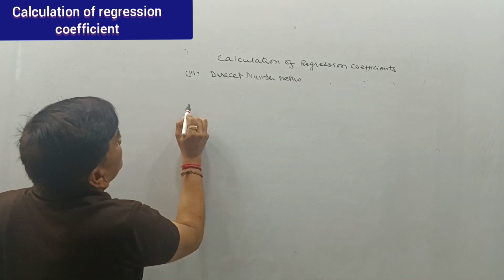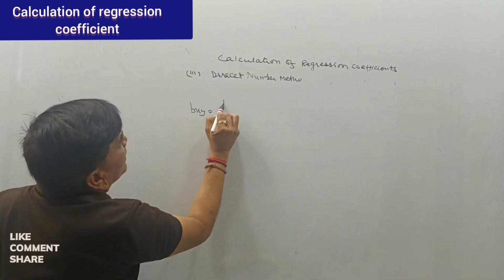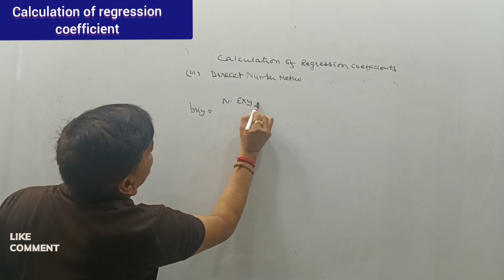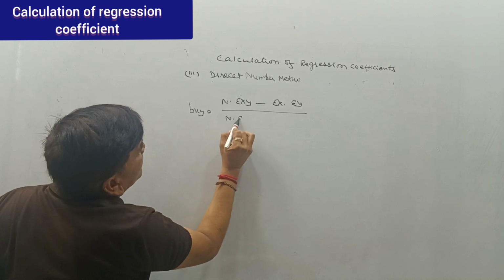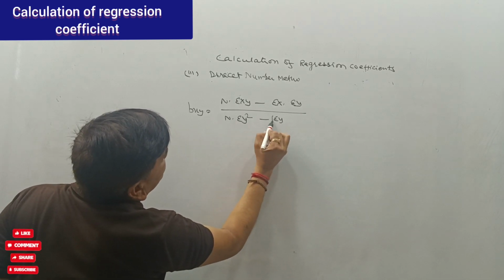In that, for bxy, we have n multiplied by sigma xy minus sigma x sigma y, upon n multiplied by sigma y square minus sigma y raised to power 2.